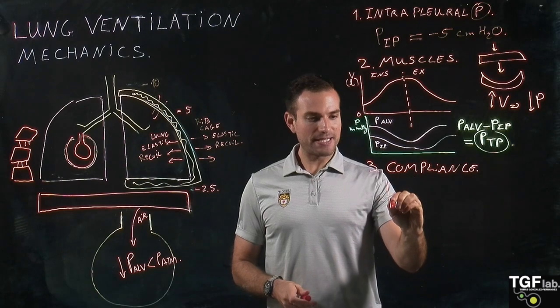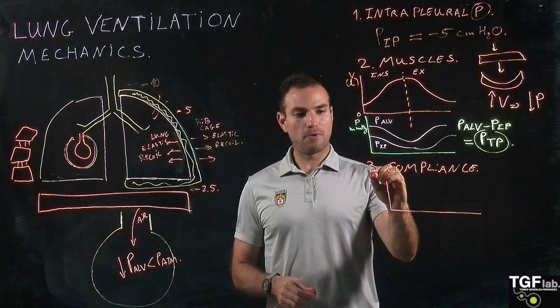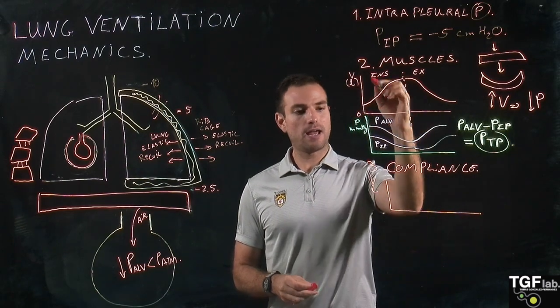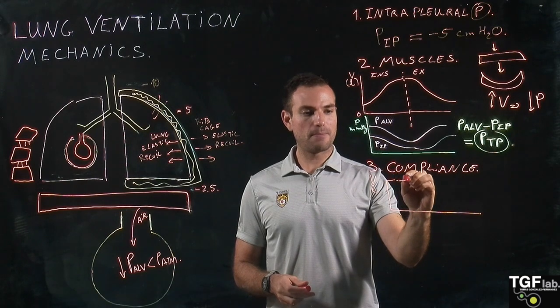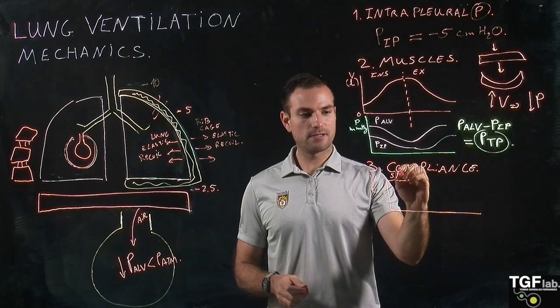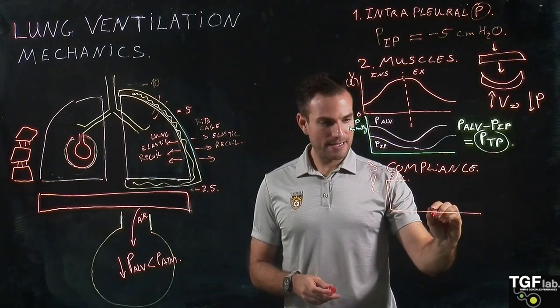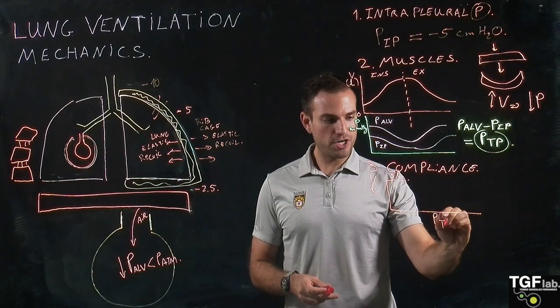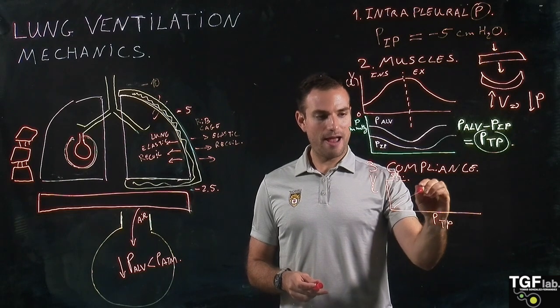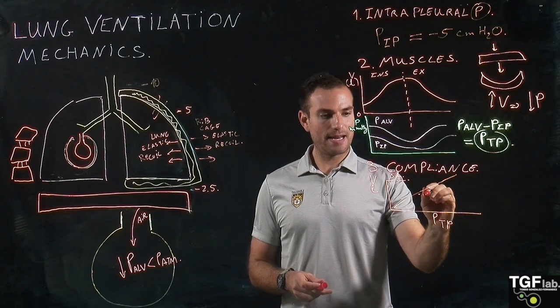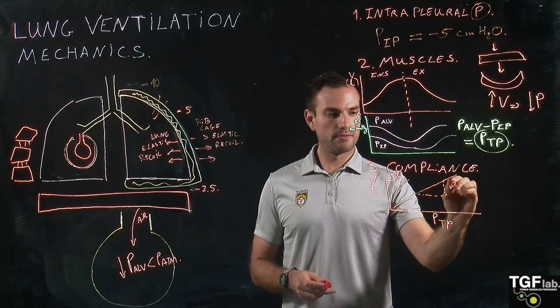So if we represent here the change in volume, so volume in liters, so the maximum lung capacity is around 5 liters. And then here we represent the transpulmonary pressure. So we'll have this relationship like this, and then here we'll have a slope.